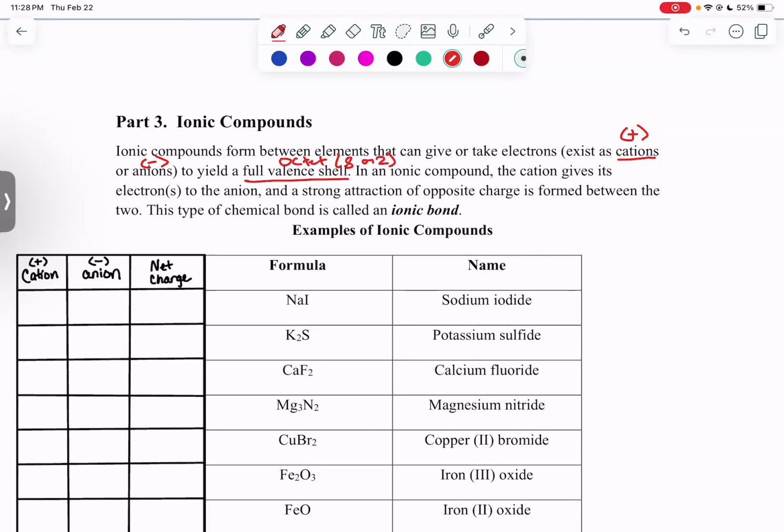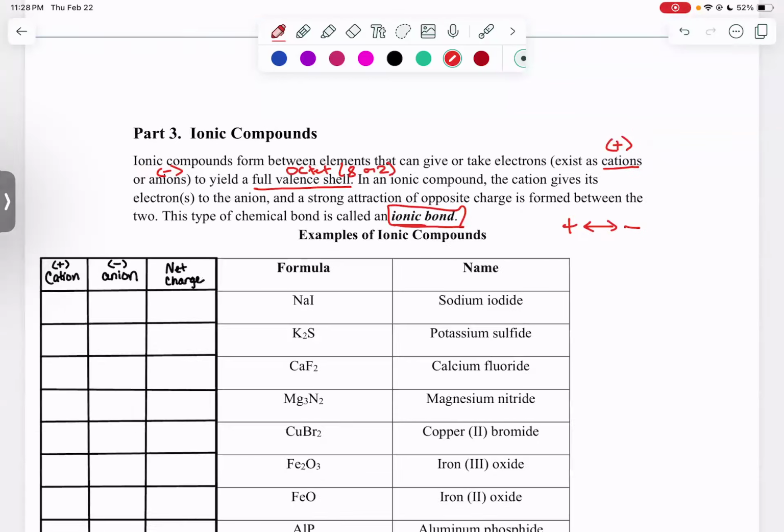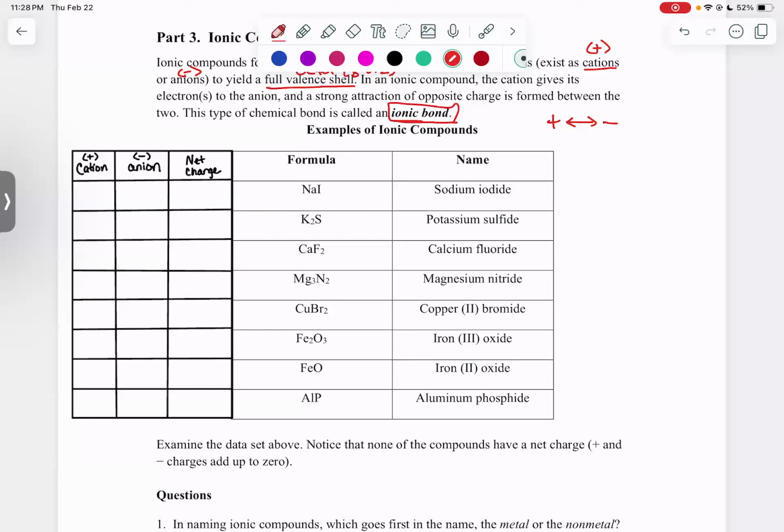And so when we look at this, the interaction of the two ions, the interaction of a positive to a negative and the negative to the positive, that interaction between the two is the ionic bond. And it's very strong, and it holds these things together. What we're going to do is look at some examples of different ionic compounds.